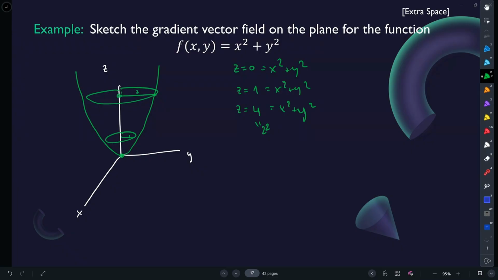Okay? So what is the gradient field telling me? The gradient field vanishes at 0, 0, which tells me that I can't decide where to go for maximum growth. In every direction, there's maximum growth. Okay? But once I am here, the gradient field is telling me that if I go exactly in this direction, which this point is here, and it's telling me that if I go straight in that direction, that will be the maximum growth of the function. Okay?